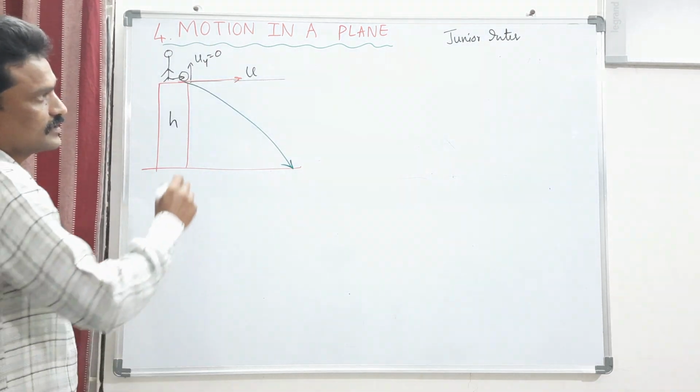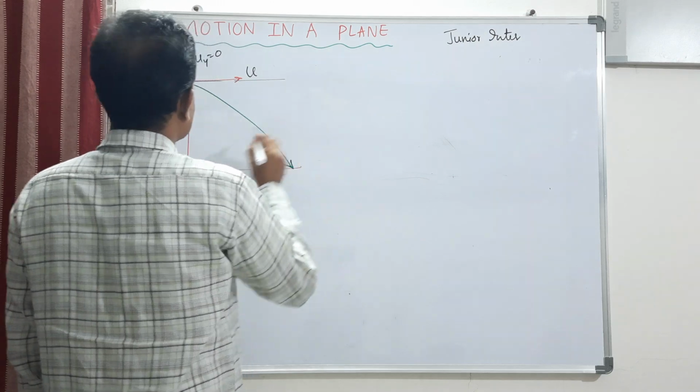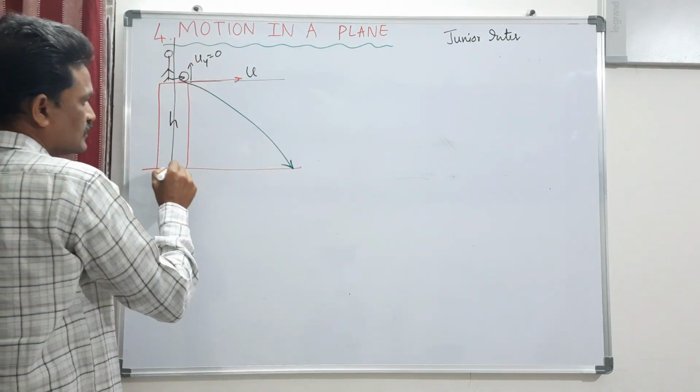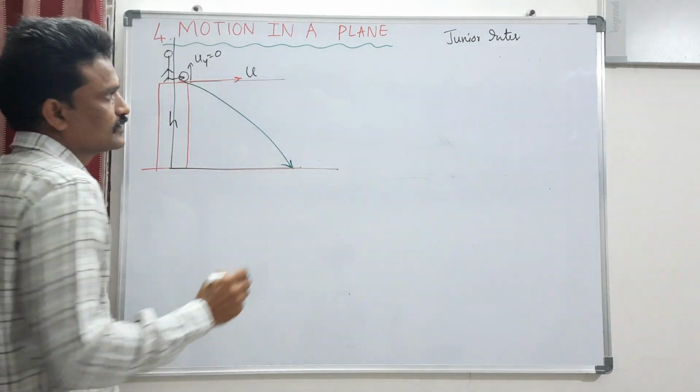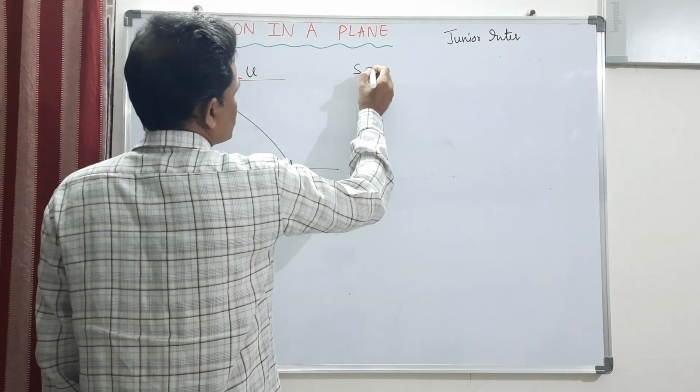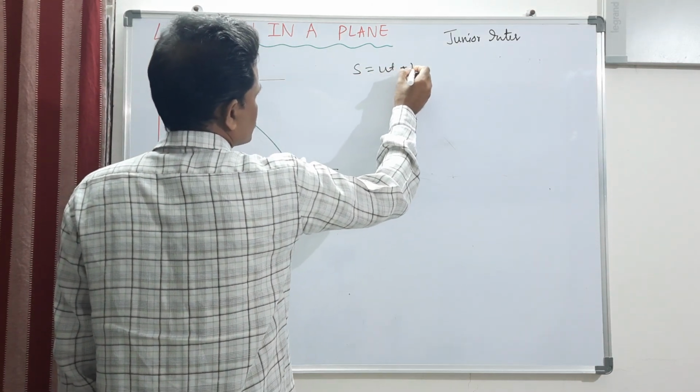right? Now I consider motion along the y-axis. So this is the y-axis and this is the x-axis. I use the formula s is equal to ut plus half at square.